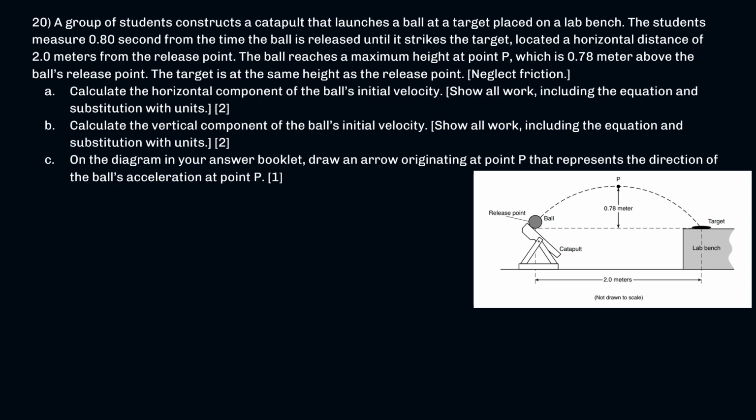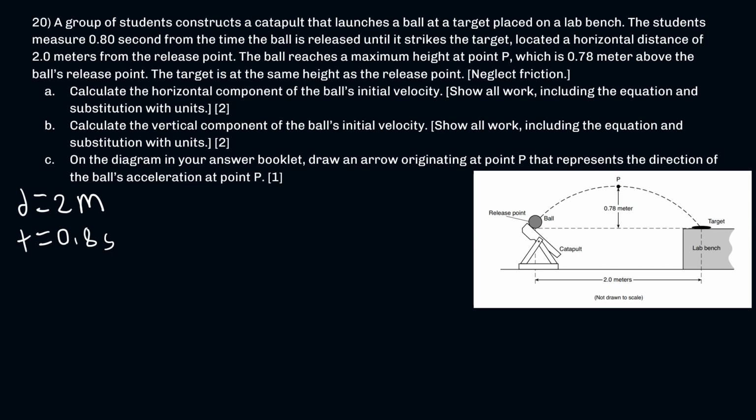The first thing that jumps out at me is that the ball goes 2 meters in the horizontal direction. So that's my displacement: d equals 2 meters. I'm also given a total time of 0.8 seconds, so time is equal to 0.8 seconds.